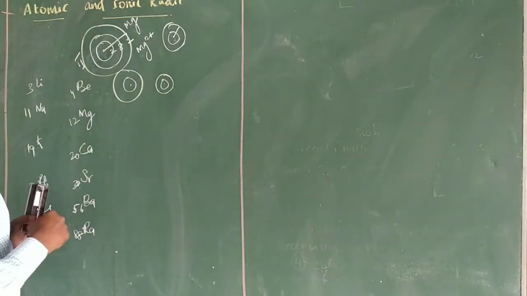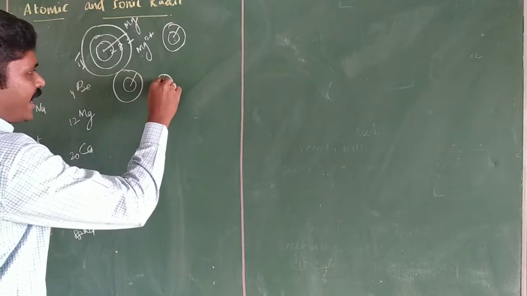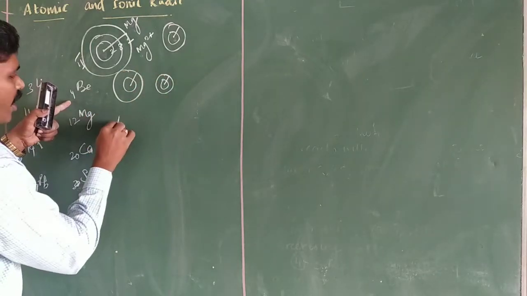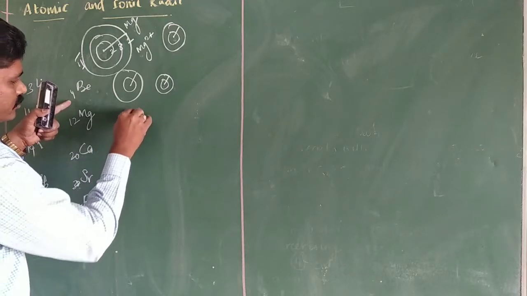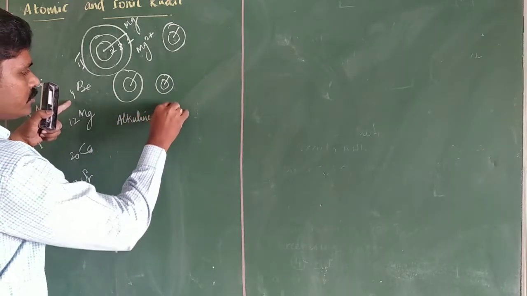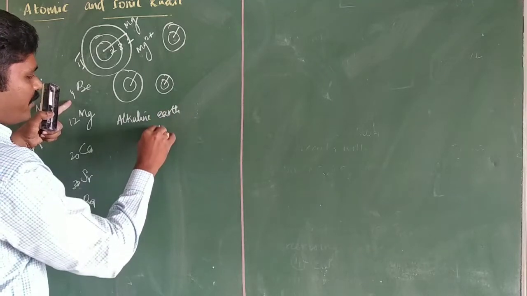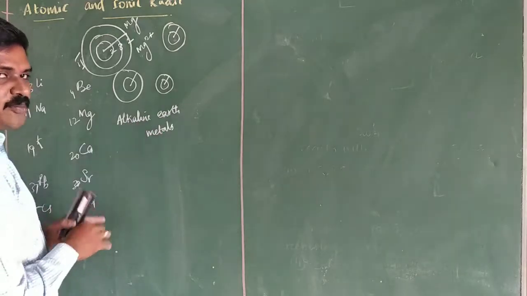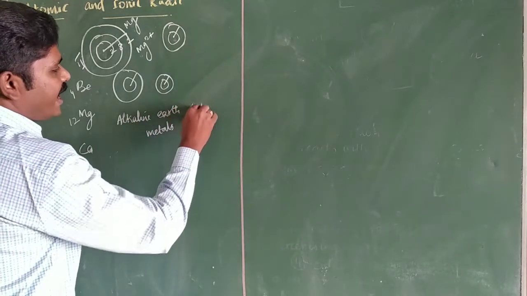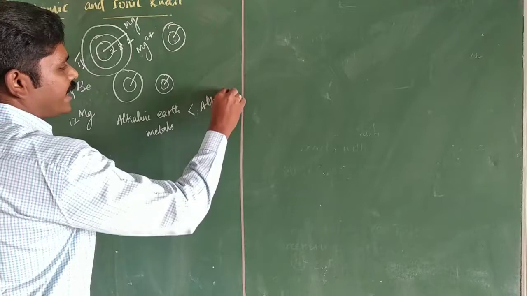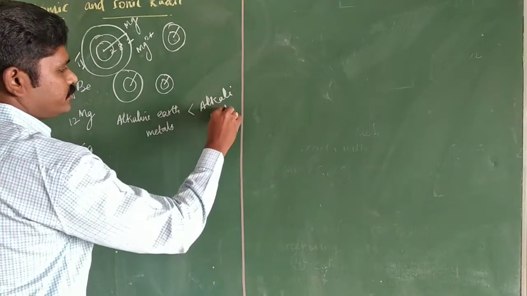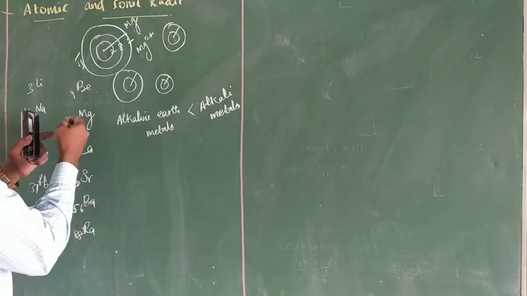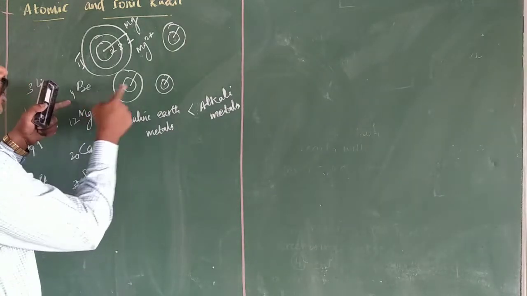So the atomic and ionic radii of alkaline earth metals are less than those of alkali metals, because the nuclear charge increases.